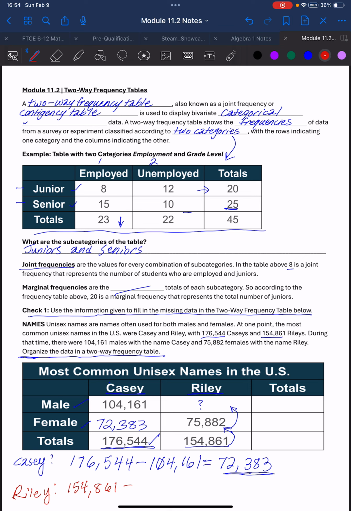So the amount of females named Riley is 75,882. And we just want to find the difference between the two. 154,861 minus 75,882. Okay, using my calculator, that gives me, let me make sure I have this right, 78,979. Okay.